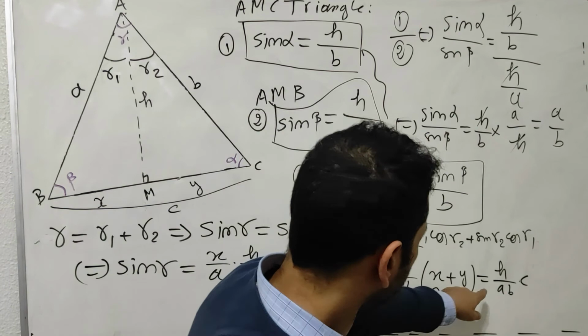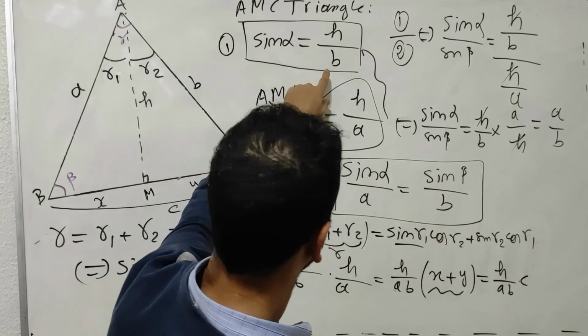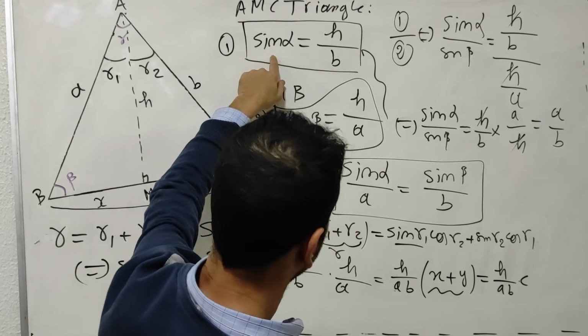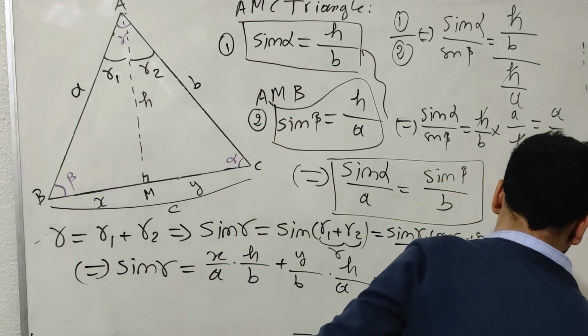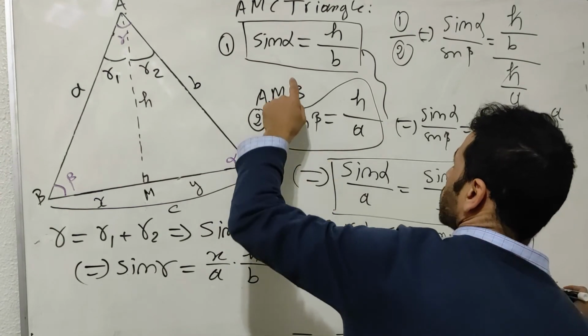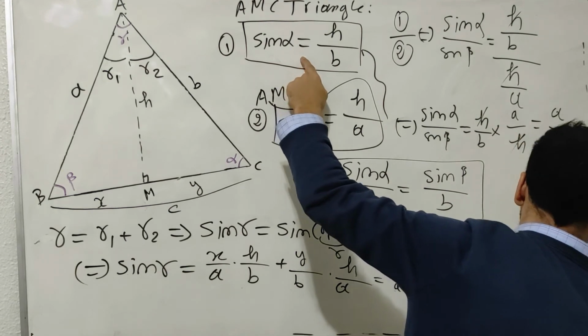I'm going to replace H with its value as we have in the first equation. H is given as B multiplied by sine alpha, so sine gamma equals c over AB multiplied by B multiplied by sine alpha.